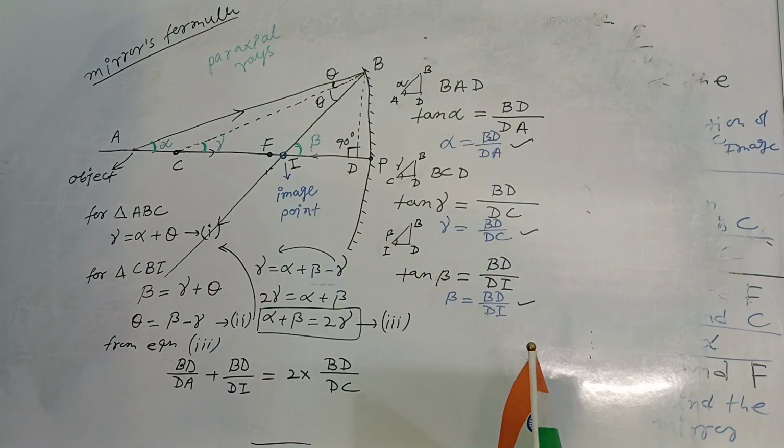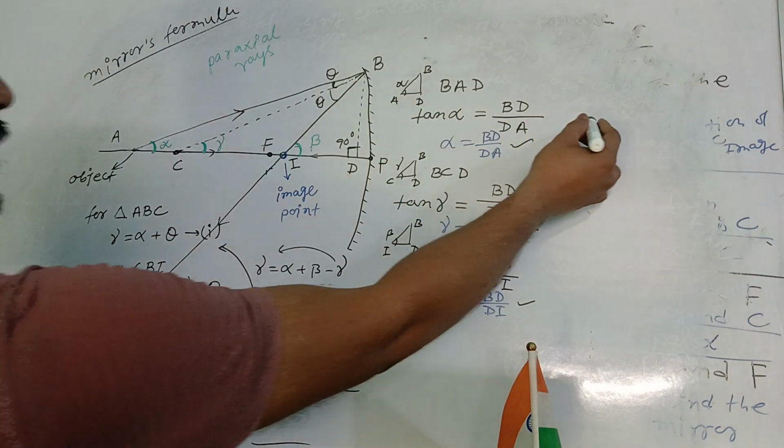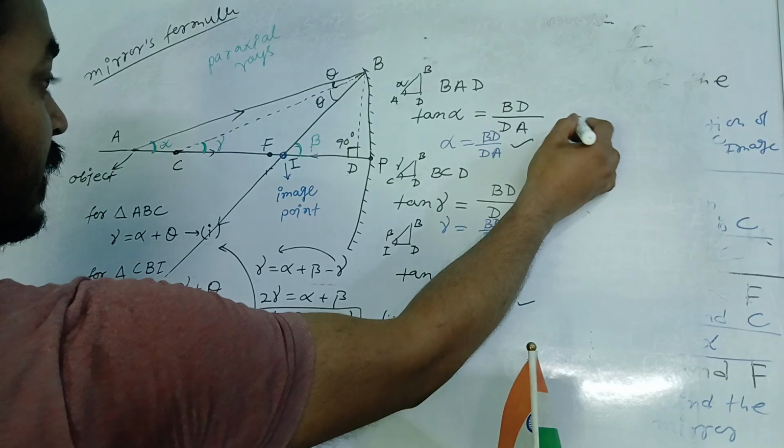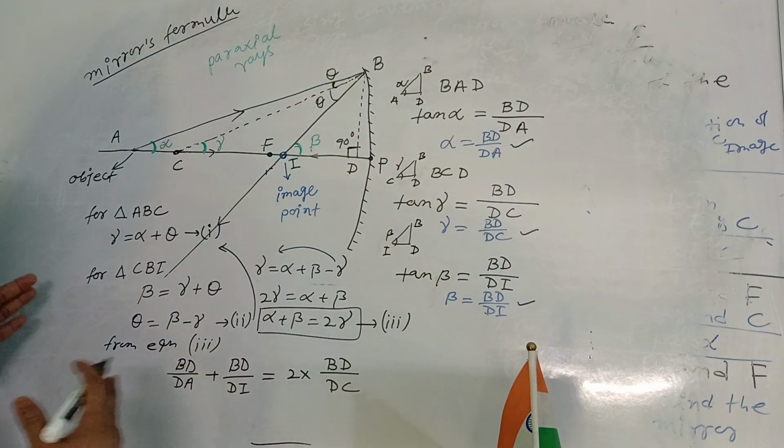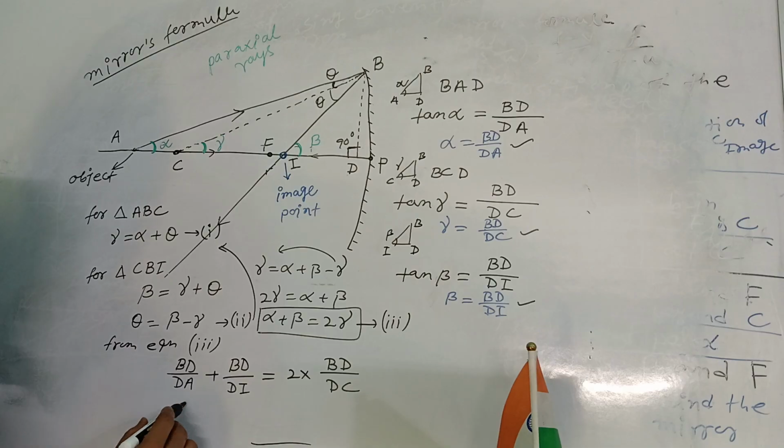Take BD common, and then cancel out. So we can write 1 by DA plus 1 by DI is equal to 2 times 1 by DC.